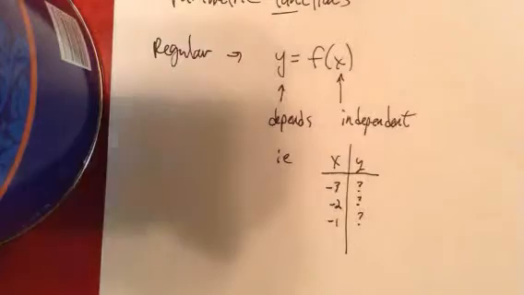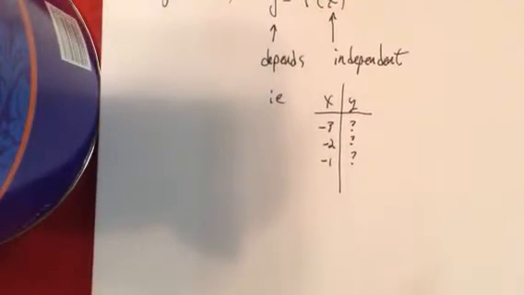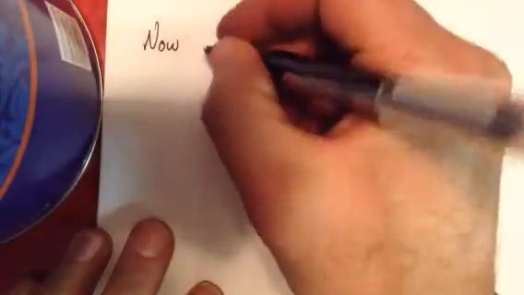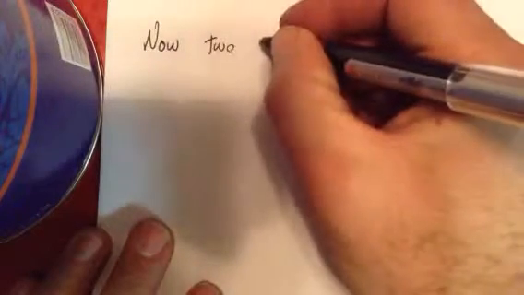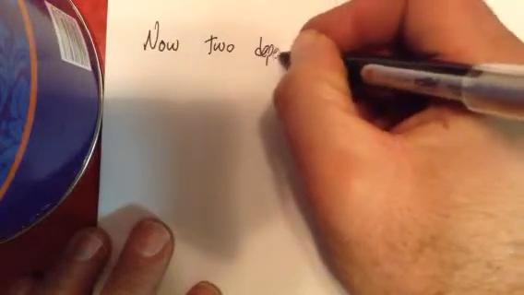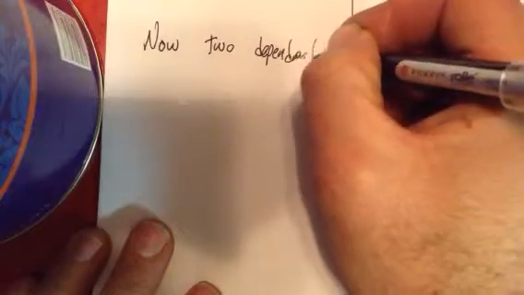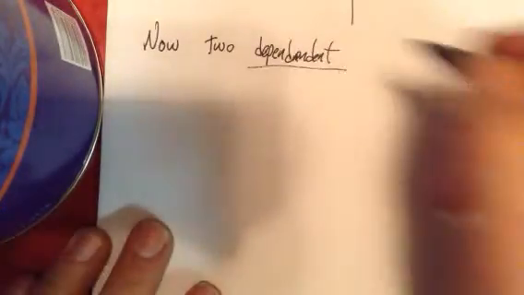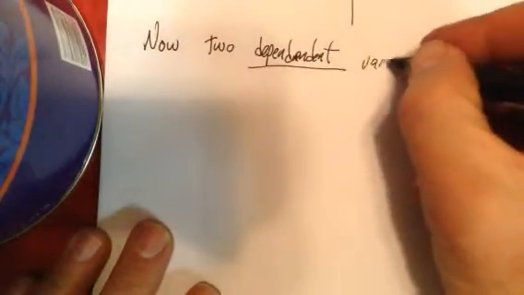We're going to add a little twist to that, and that twist goes like this. Now, instead of having y depend on x and x be independent, we're going to have two dependent variables.